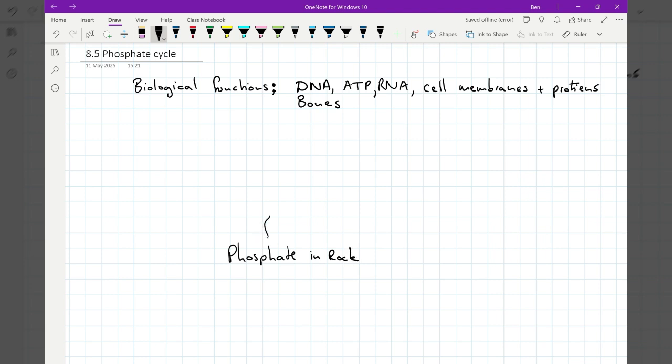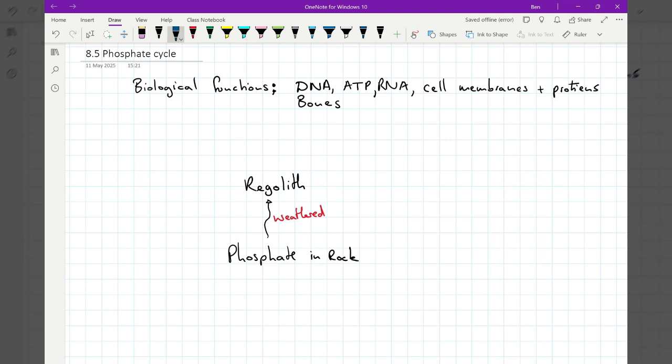And this is weathered into regolith, which is just small bits of broken down rocks.